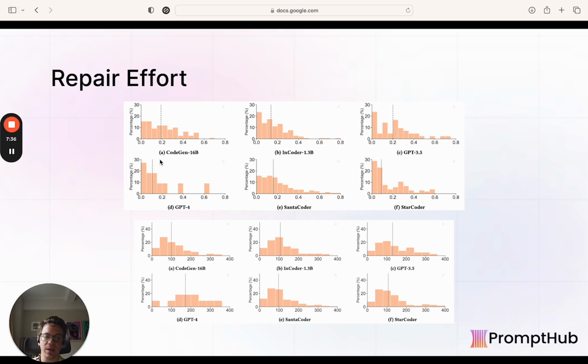There wasn't a lot of overlap with what the correct answer was. There was very minimal overlap, and it required lots of edits. And so while GPT 3.5 and 4 had the highest overall accuracy, you'll see they had the largest deviations on both of these metrics. And so they usually get it right, but when they get it wrong, it tends to be quite off.